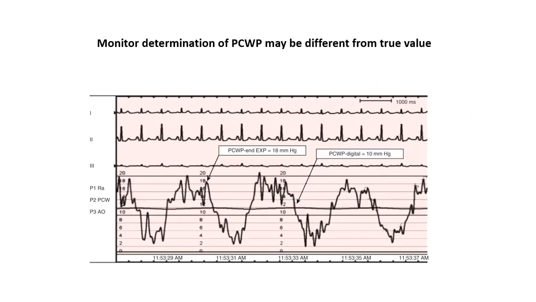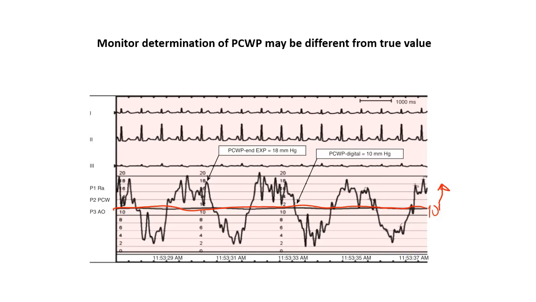All right, another thing to note is when you see the tracing on the monitor, whoever is managing the monitor has to adjust where the line needs to go in order to get the measurement of the wedge. The computer displays a line, and if you just left it where it would say 10, we can see that the wedge tracing is up and down, and that's not accurate. It's not an end expiration.